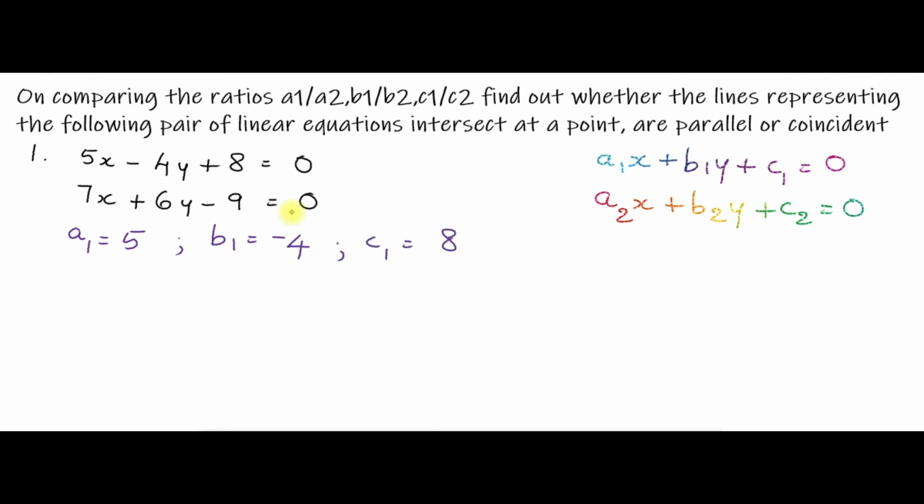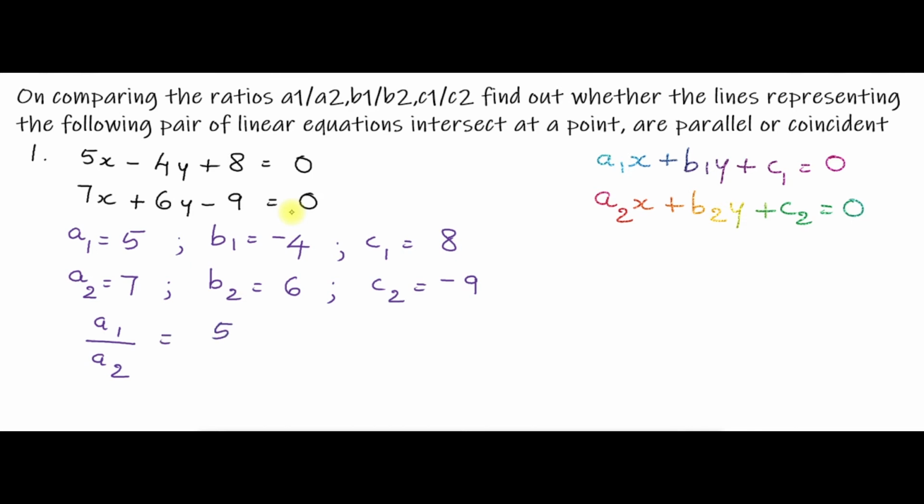Then from the second equation you get a2 equal to 7, b2 equal to 6 and c2 equal to minus 9.